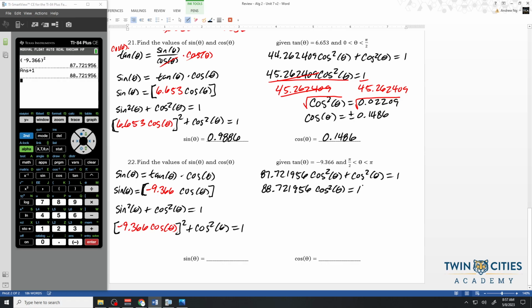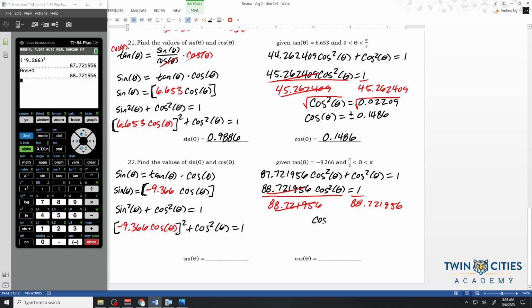This will be equal to 1, and then I want to divide by that coefficient. All right, almost there.